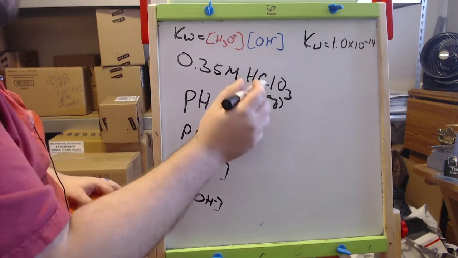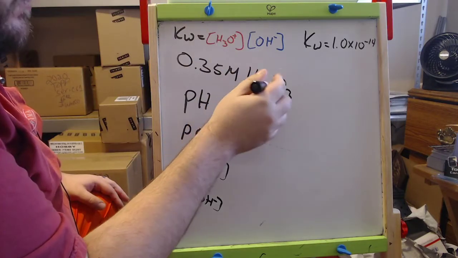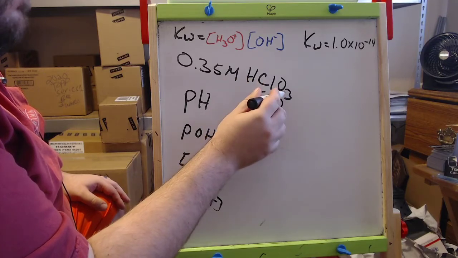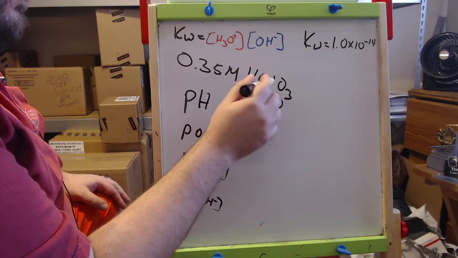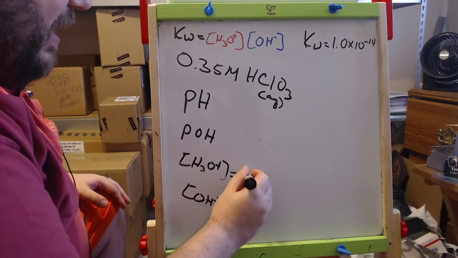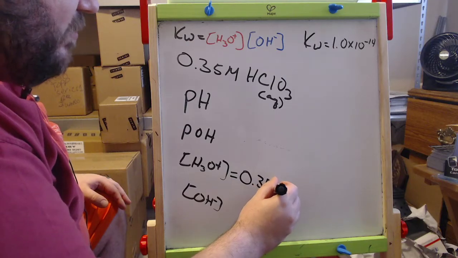Okay, first thing I do is I look at it, I say it's an acid. I know it's an acid, it has a hydrogen to donate, and I know it's strong. It has a difference of 2 or more oxygen to hydrogen, so 3 minus 1. So, since it's a strong acid, the concentration of the acid is my concentration of H3O plus.